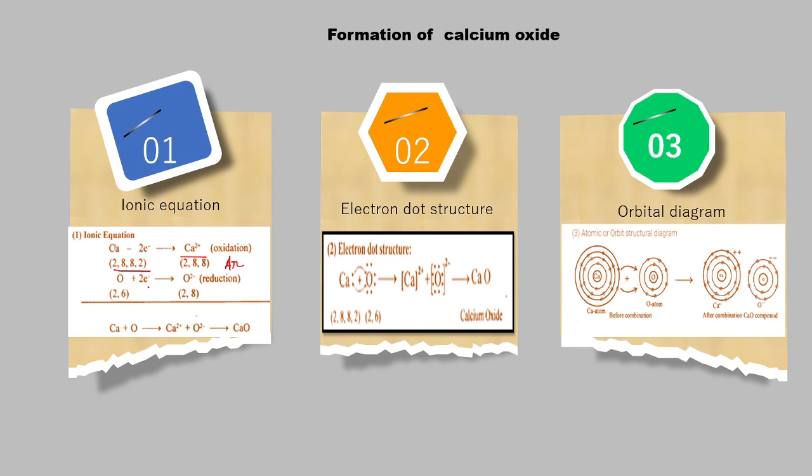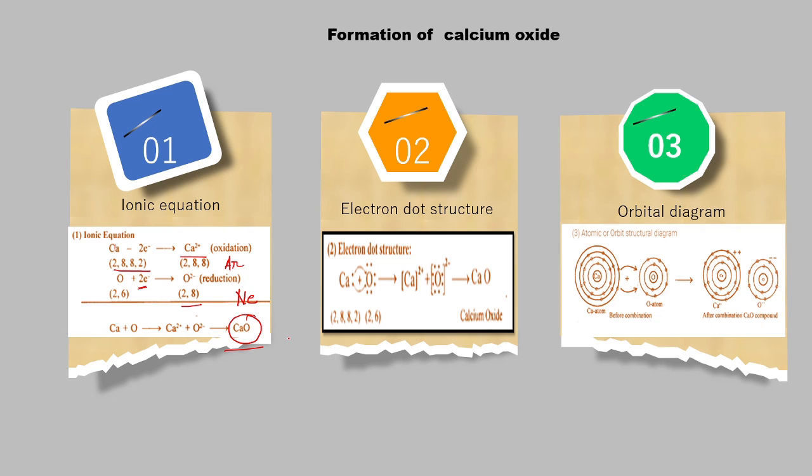Similarly, oxygen has an electronic configuration of 2,6. So it will have a tendency to gain 2 electrons to form 2,8 in order to attain the noble gas electronic configuration of neon. Okay, so when these two oppositely charged ions come close to each other, they will form calcium oxide.